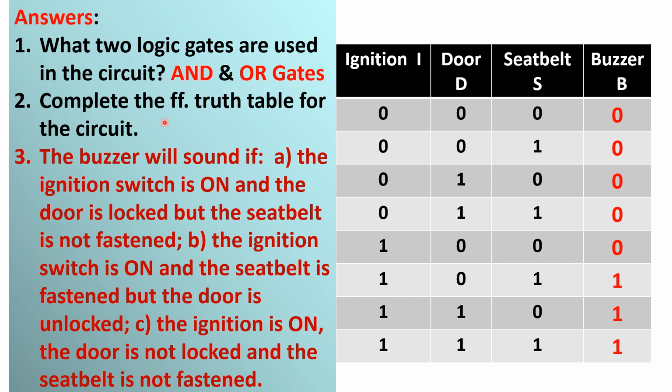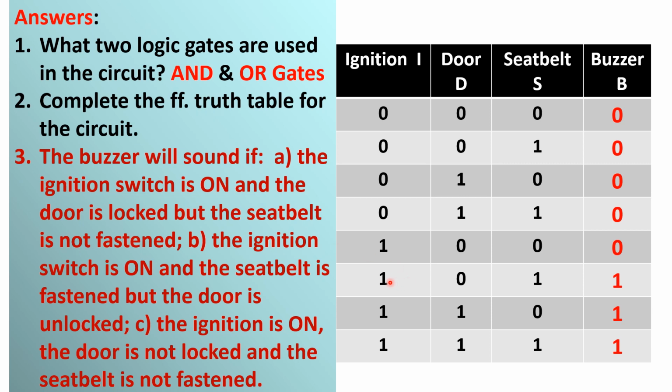Question number 2, as shown in the truth table, we already have completed the logic states. And for question number 3, these are the conditions for the buzzer to sound. Number 1, or letter A, the ignition switch is on, and the door is locked, but the seatbelt is not fastened.